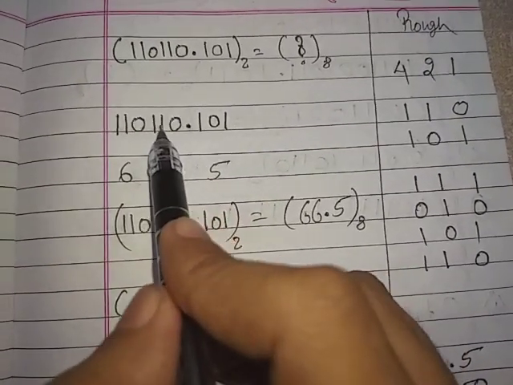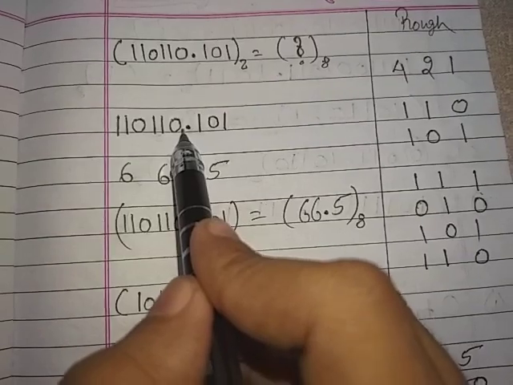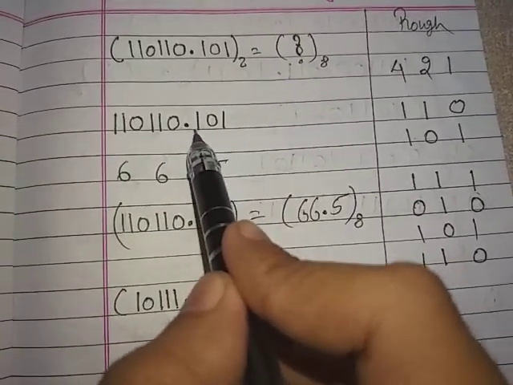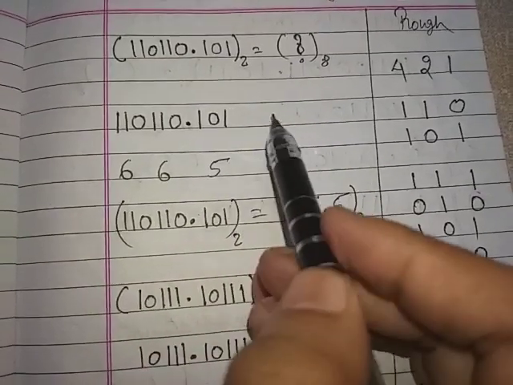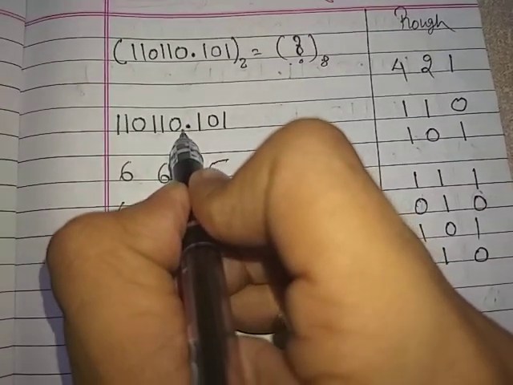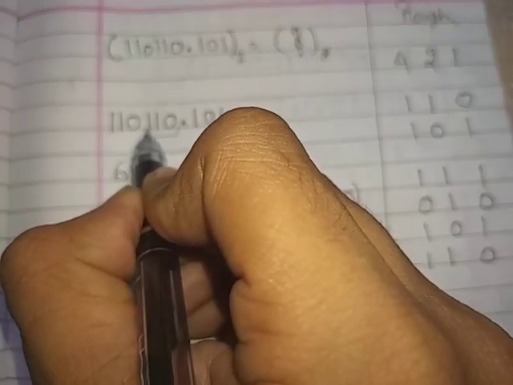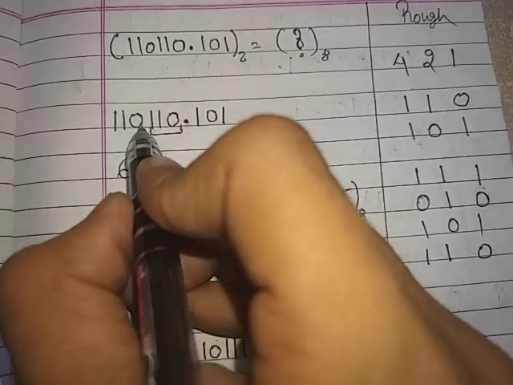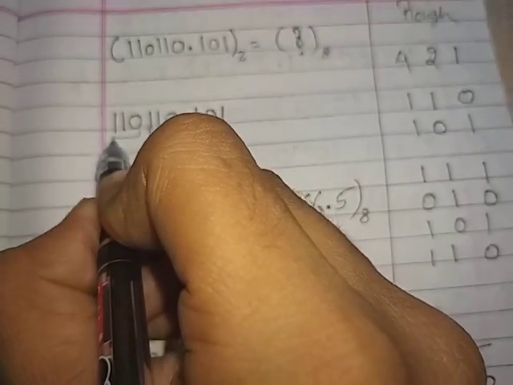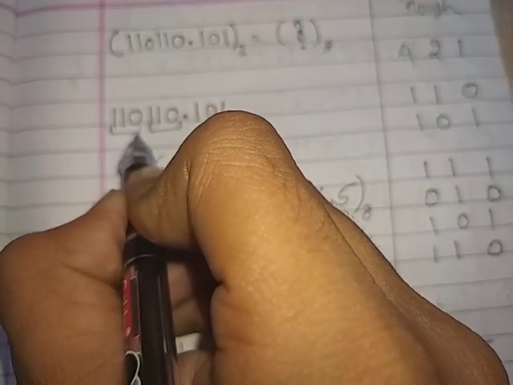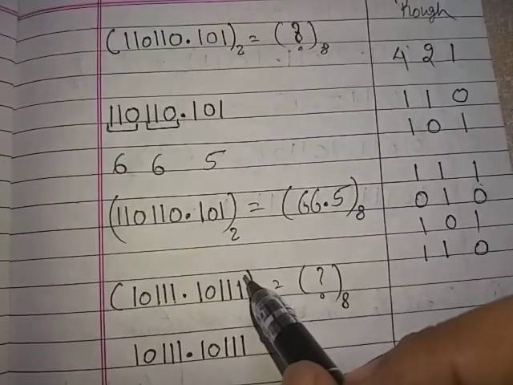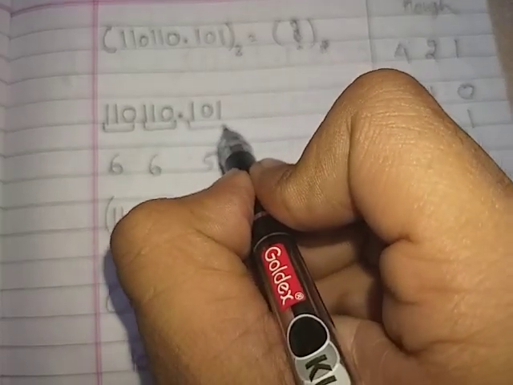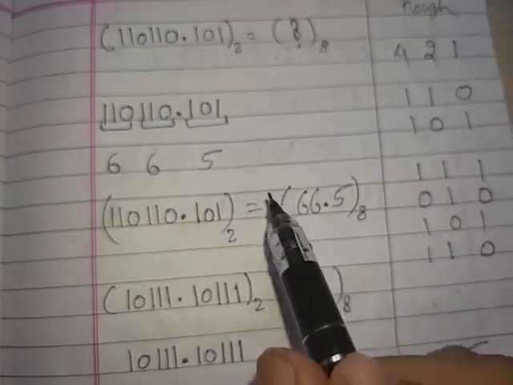On the left hand side of the decimal point you will make groups from right to left. On the right hand side of the decimal point you will also make groups from right to left. One group is made like this and another group is made like this. Now after the decimal point one group is made like this.